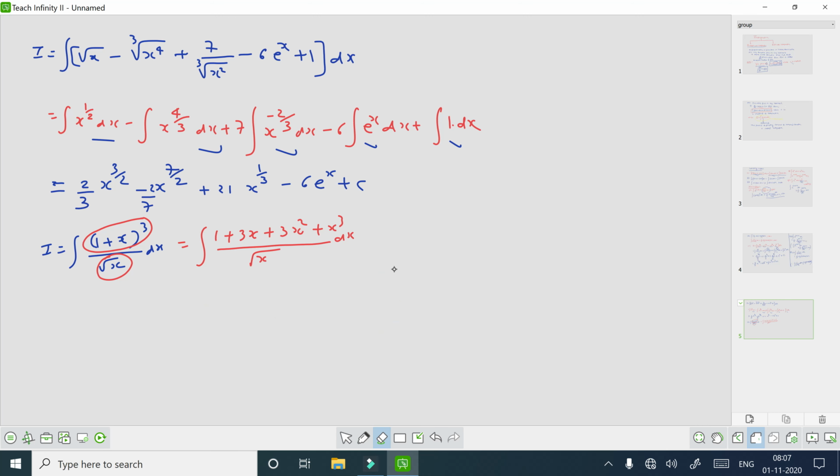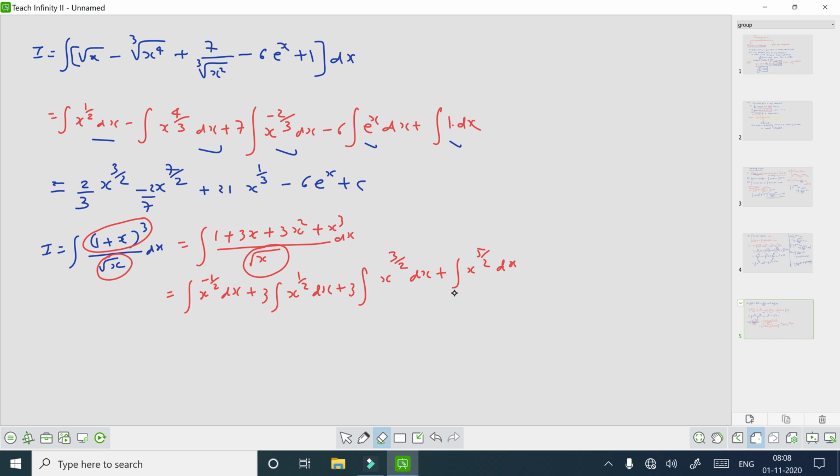Now, using the standard forms, separate one by one term. What you get? See, here a single term is there, so we can separate one by one. So that comes out x raised to minus half dx plus 3 x over root x, that is x raised to 1 by 2 dx, plus 3 integral x square minus 1 by 2, x raised to 2 minus 1 by 2, that comes out 3 by 2 dx, plus x raised to 3 minus 1 by 2, that comes out x raised to 5 by 2 dx.